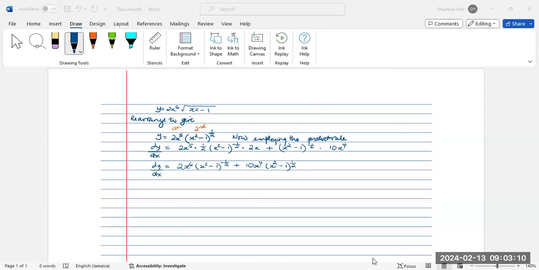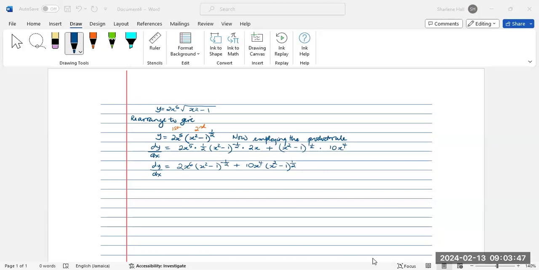What am I doing right here? Which one am I factoring out? Talk to me, somebody. Which one am I factoring out? So are you factoring out the 2 and the 10, the 2x to the 6 and the 10x to the 4?